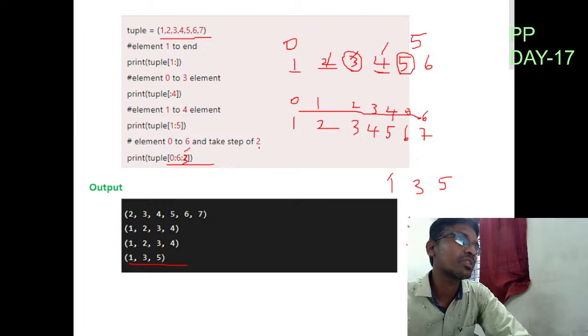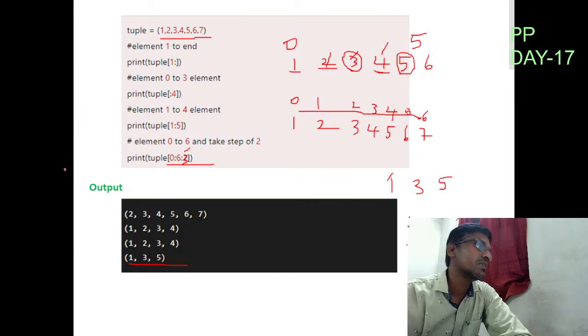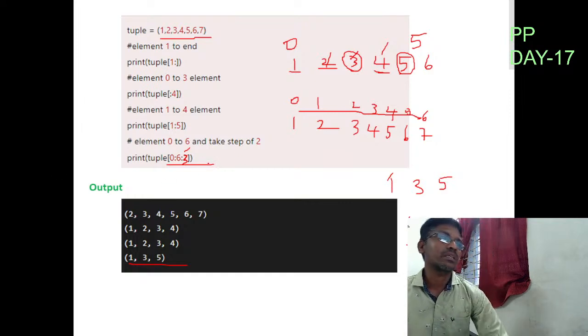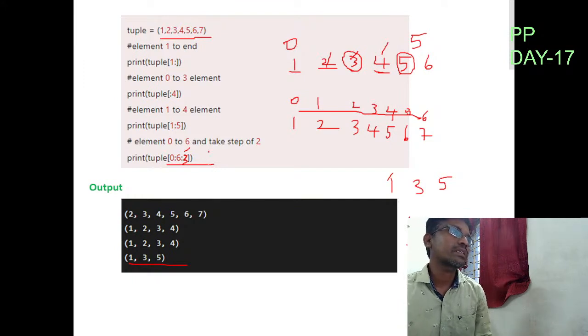So from 0 to 5, if the step count is 3, I get only 1 and 4, whereas if the step count is 2, I get 3 elements, that is 1, 3 and 5 only. So that is about 0 colon 6 colon 2 or 3, where the 3 indicates a step of 2 or a step of 3.